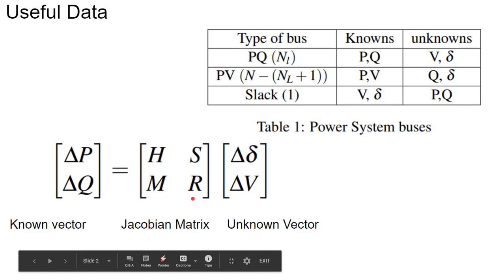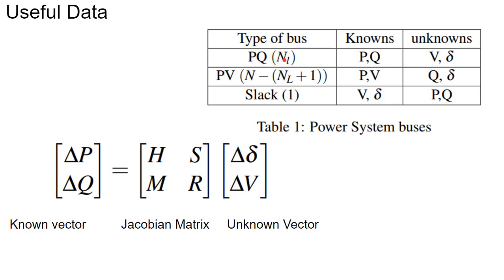H, S, M, R is the Jacobian matrix. And in the question, it is given that number of load buses are NL. And the slack bus, obviously it is 1. So, the total number of PV buses are total number of buses minus load buses plus slack bus. These are the total number of PV buses in the power system.